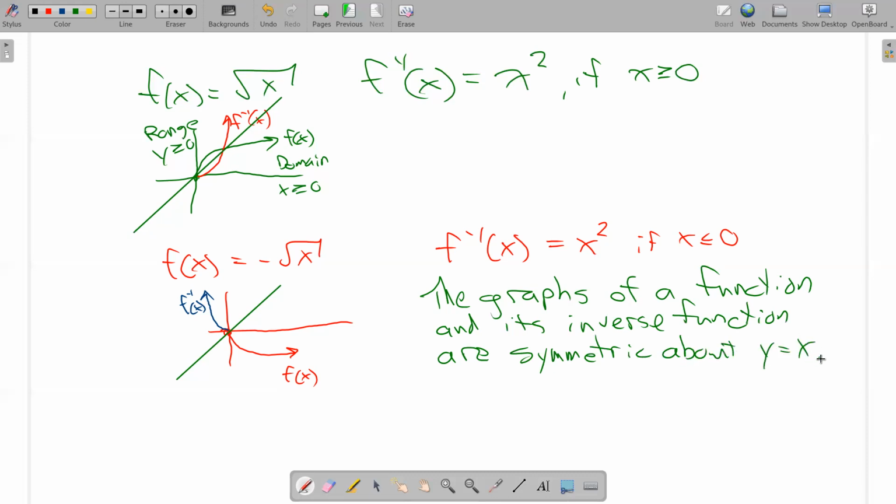So I was just hoping with all of this to jog your memory on what it means to be an inverse function. How do we get inverse functions? What are their properties?